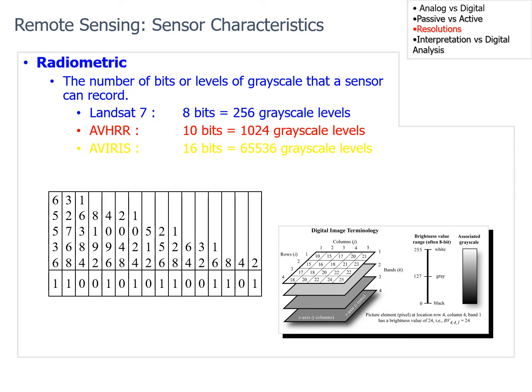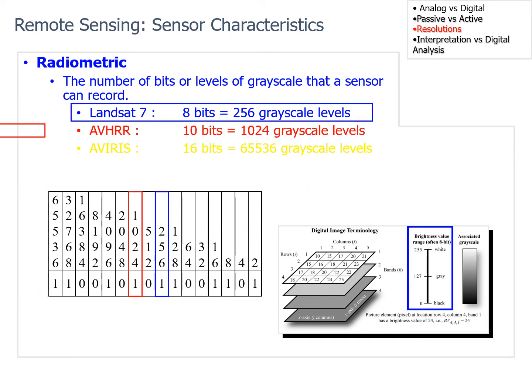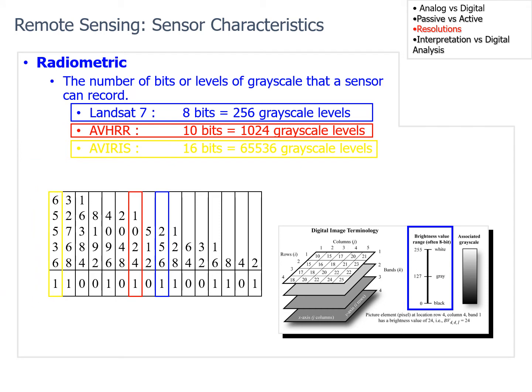And AVIRIS, a very sophisticated sensor, has 16-bit resolution for 65,536 grayscale levels. So you're able to make much finer detail measurements, and so you can find finer differences between different surface characteristics. And there's just a little figure pointing out the basics of how radiometric resolution works. I'm not going to go into this any further.